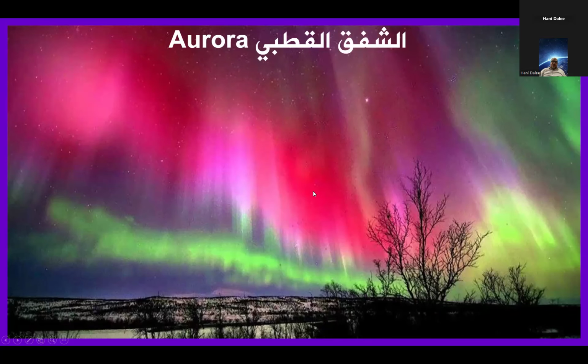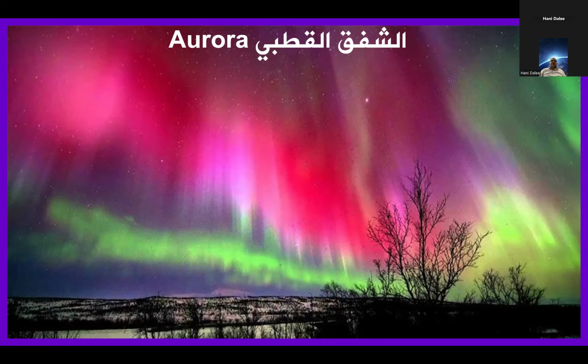The aurora is an amazing phenomenon, and can be seen, as I said, in higher latitudes. But sometimes when the sun is active enough, it might be visible even in lower latitudes.